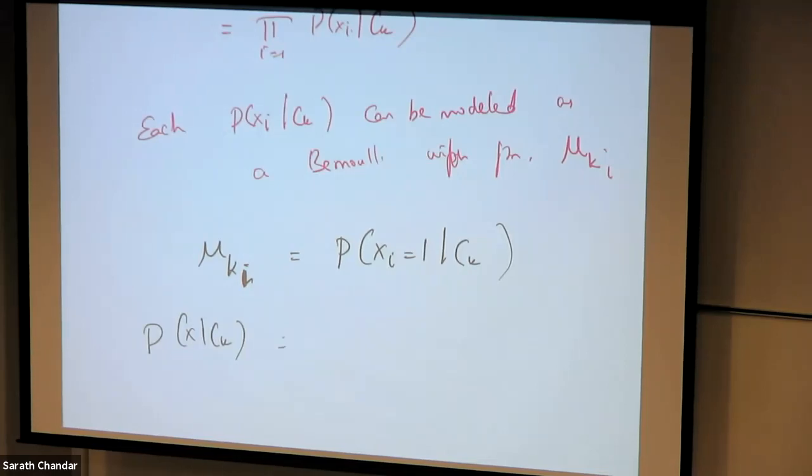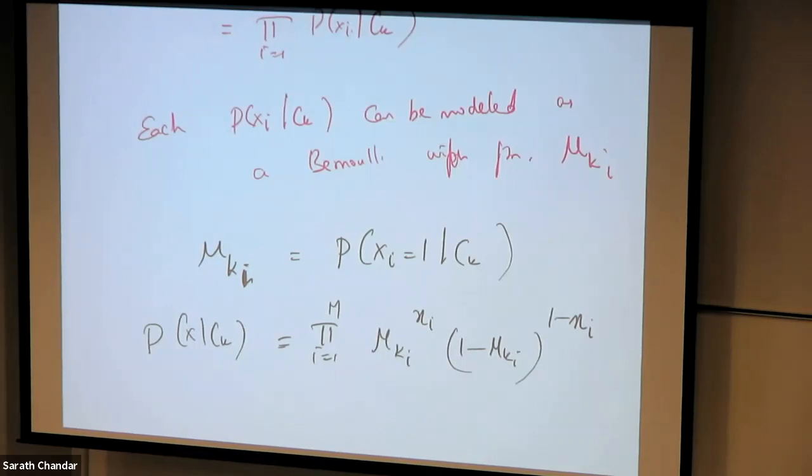P of X given CK is basically the class conditional density based on the form of Bernoulli distribution. We already know the Bernoulli distribution's functional form: product over i equal to 1 to capital M, mu ki to the power xi, times 1 minus mu ki to the power 1 minus xi.